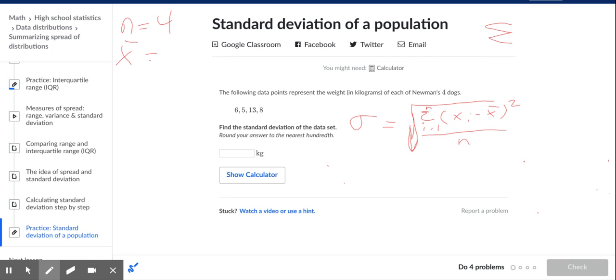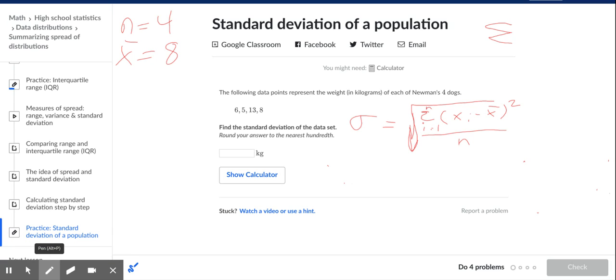So we add 6 plus 5 plus 13 plus 8 and divide that by 4. That gives us 8 as our mean. This is very unwieldy sometimes. So 8 is our mean.